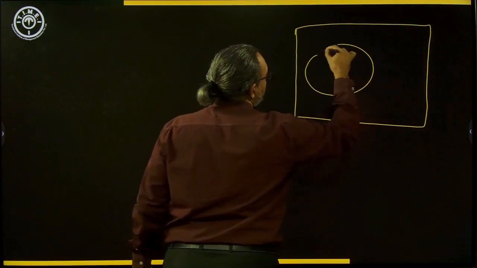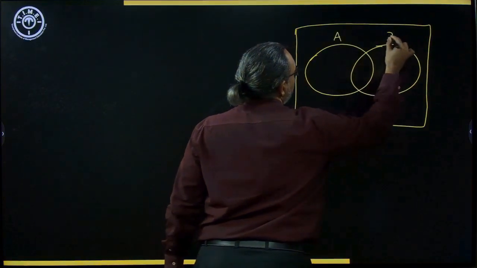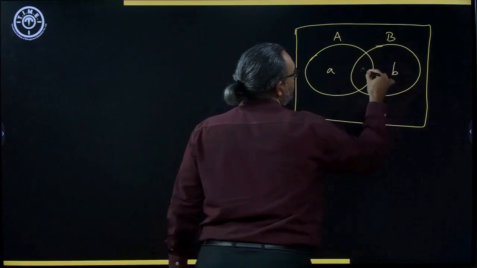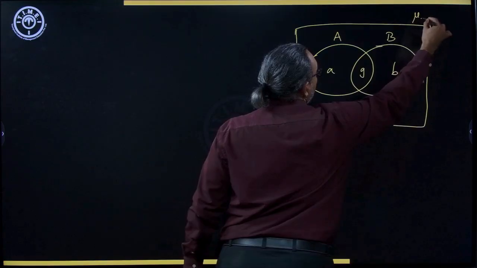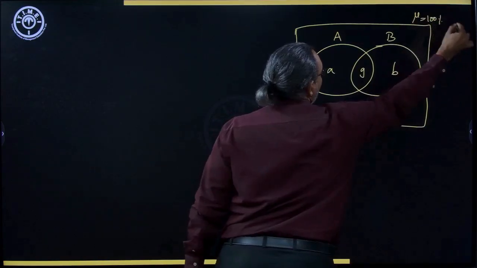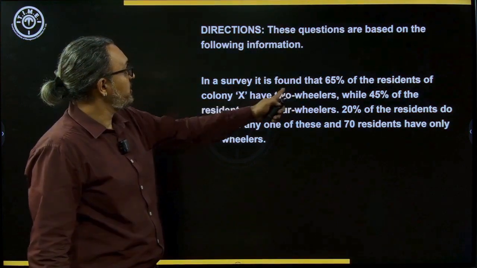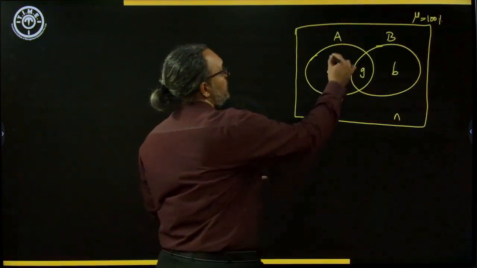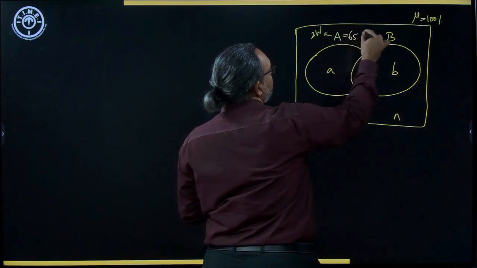So it's again a two-set Venn diagram. So you have capital A, capital B, small a, small b, G, N, and mu. So since percentages are there, I'll take mu as 100%. Correct. Then he says 65% of the residents have two-wheelers. So capital A, let's consider as two-wheelers. So capital A is 65%.